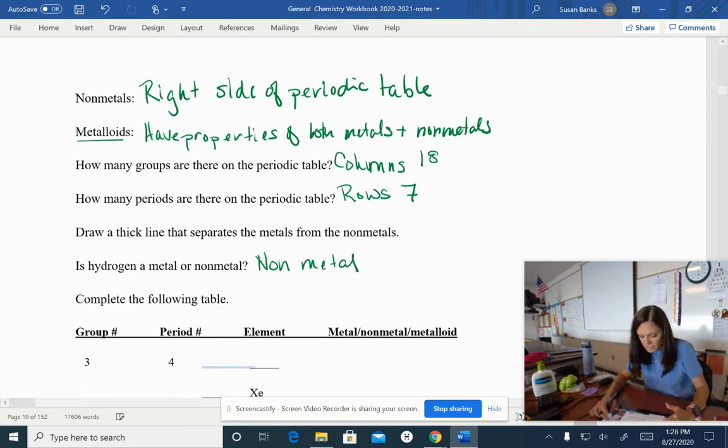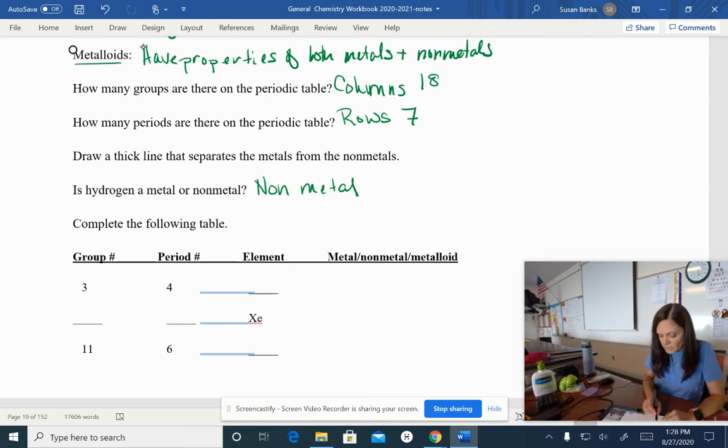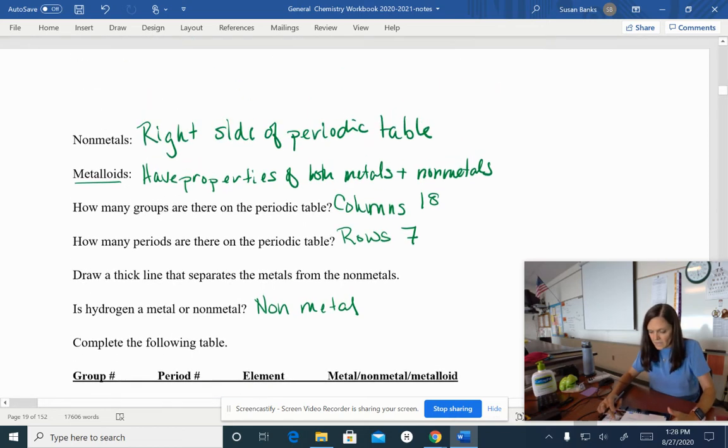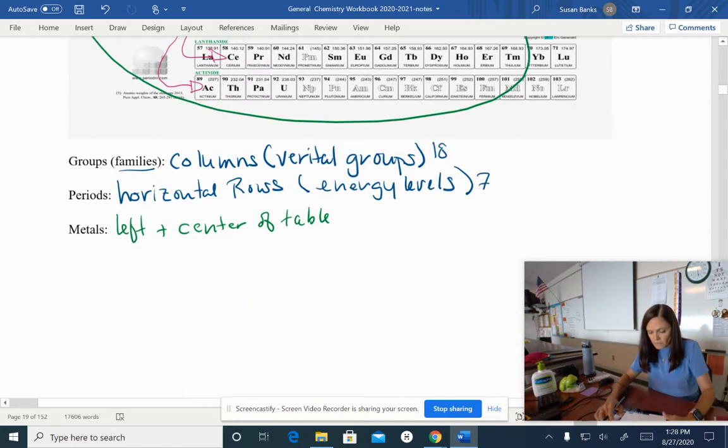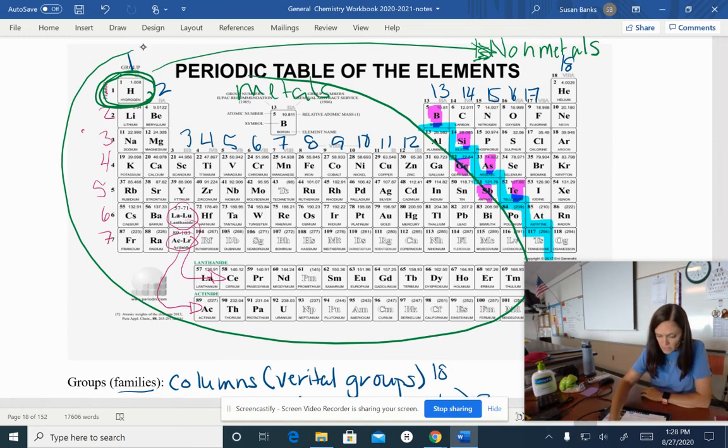Okay, so let's look at this. Given a group and period, I want to know what element it is and whether it's a metal, nonmetal, or metalloid. So we're going to be looking for group 3 and period 4. Let's go back up to the periodic table. Group 3, so 1, 2, 3, and period 4, we have scandium.